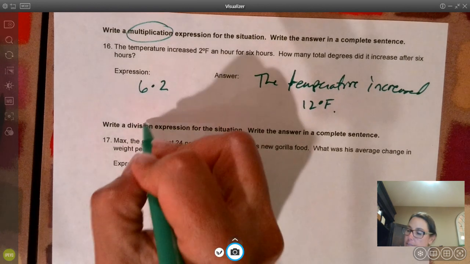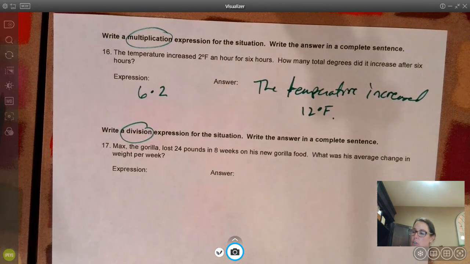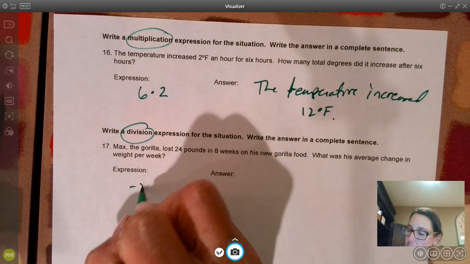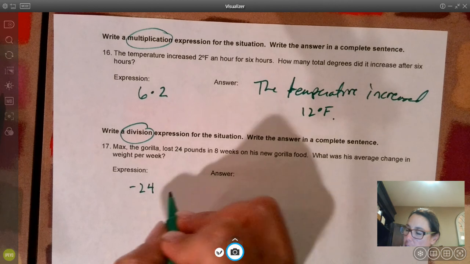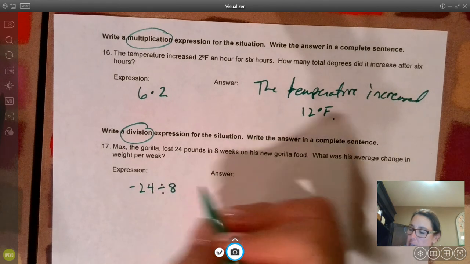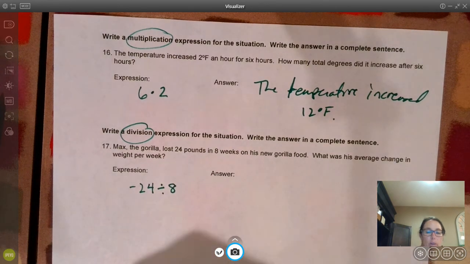Write a division expression for the situation. Write your answer in a sentence. Max the gorilla lost 24 pounds in 8 weeks on his new gorilla food. What was his average change in weight per week? Lost 24 pounds, so I'm going to do negative 24, and if I divide that by 8, I end up with an average of negative 3 pounds per week.